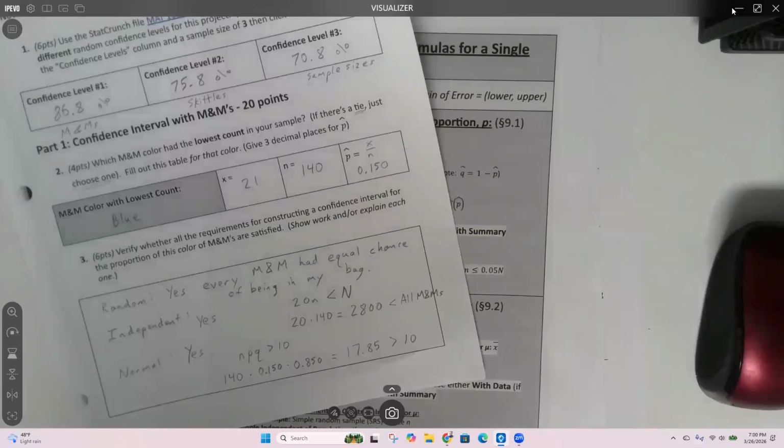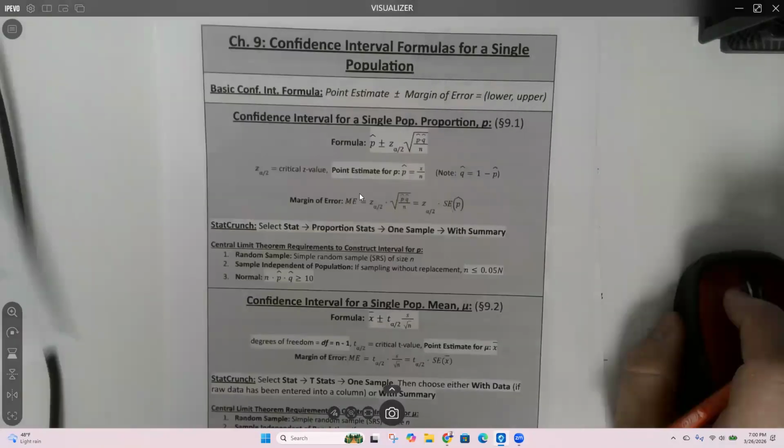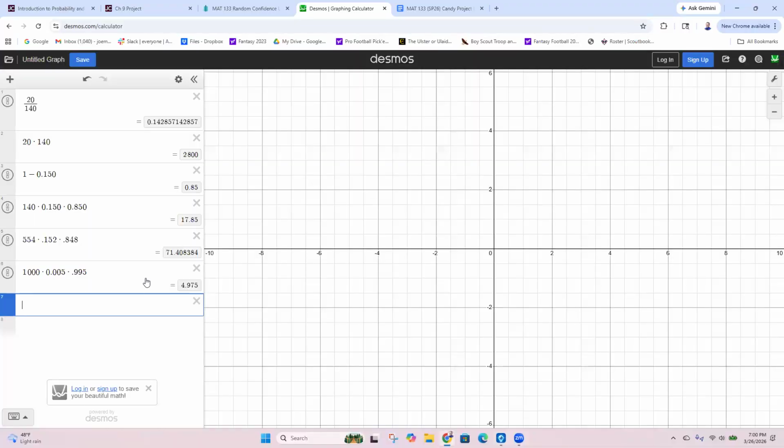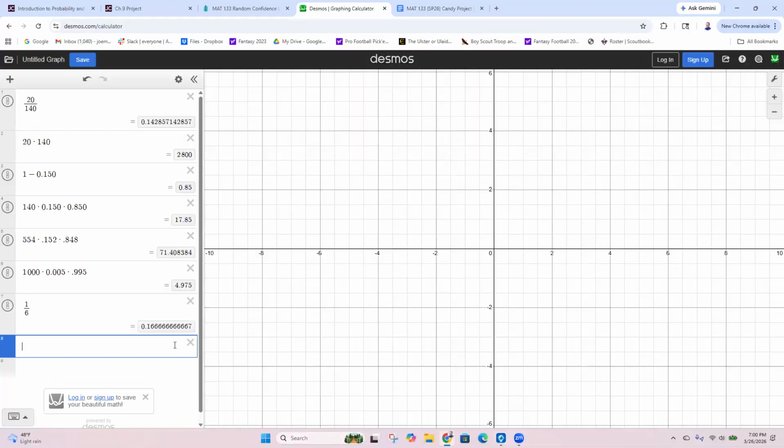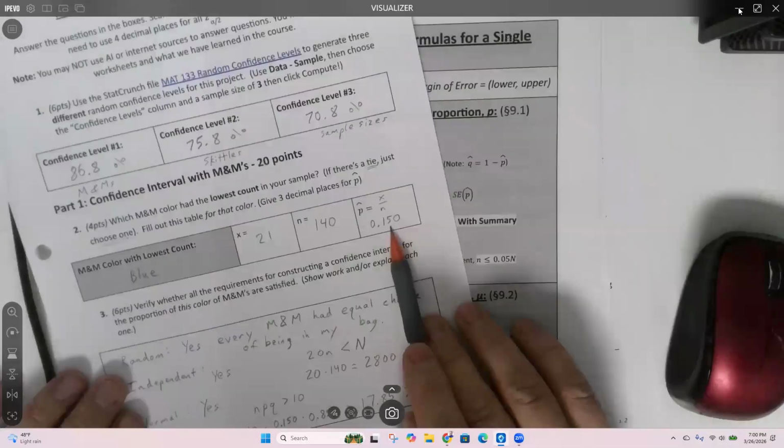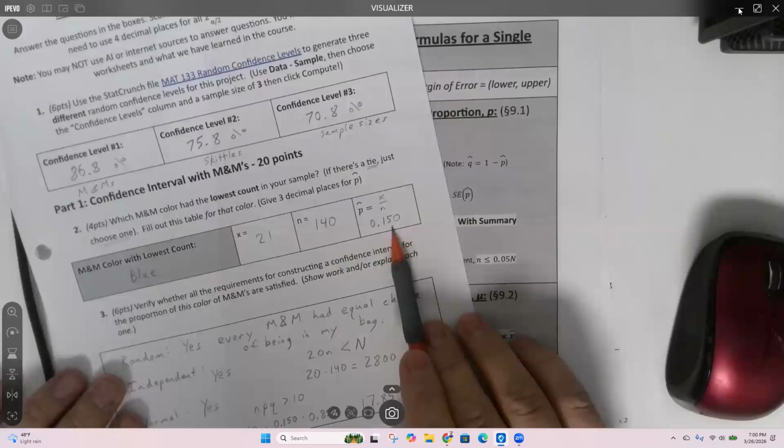I can't know that for the entire population, okay? But we do know the answer here for M&Ms because M&Ms make equal numbers for all of their colors. There are 6 colors. So 1/6 in your calculator is 0.16666, about 16%. So my guess was 15%, which is not correct. It's actually 16%. Those are very close.